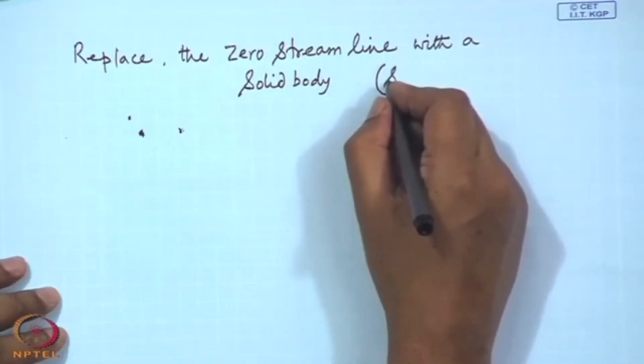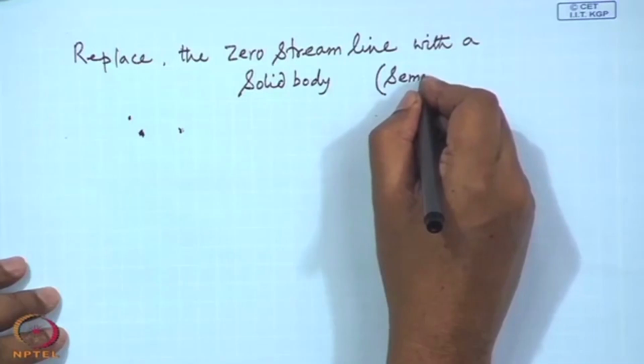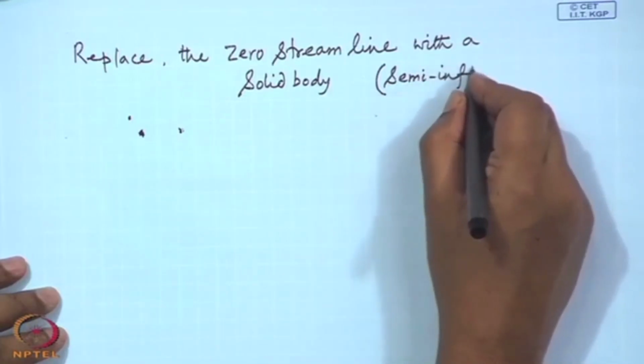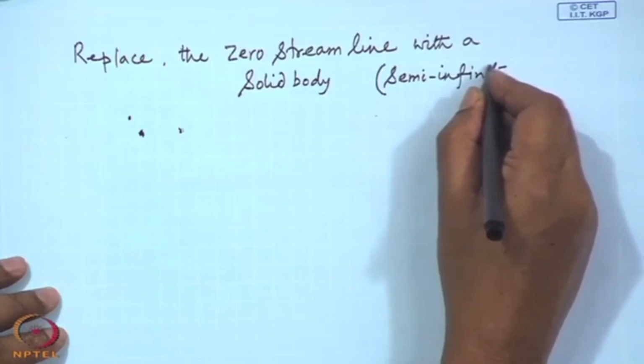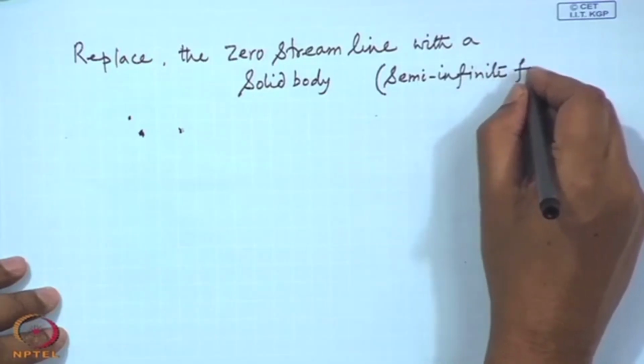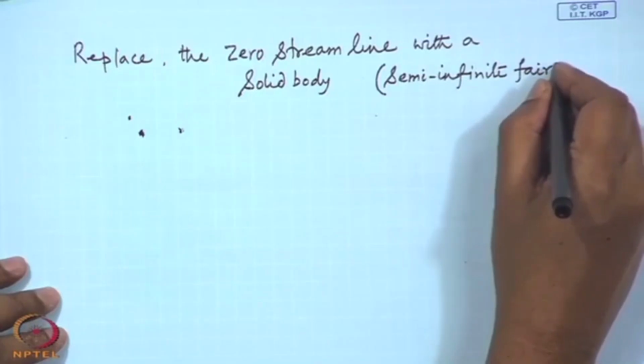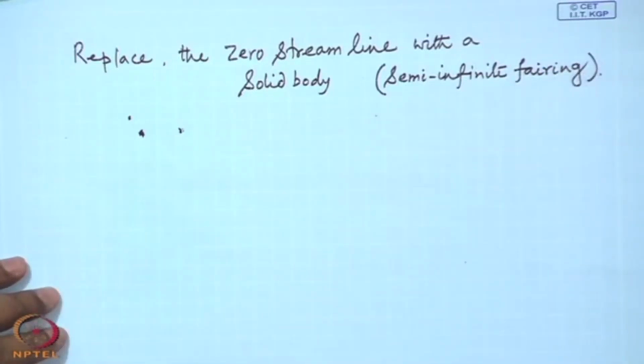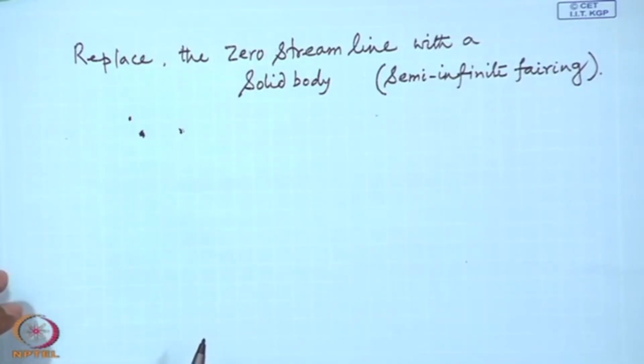And this body is usually called a semi infinite fairing, of maximum thickness m by 2 u infinity into 2.